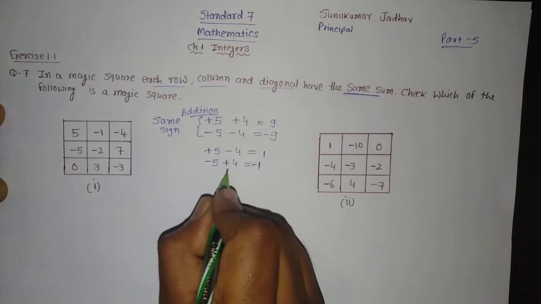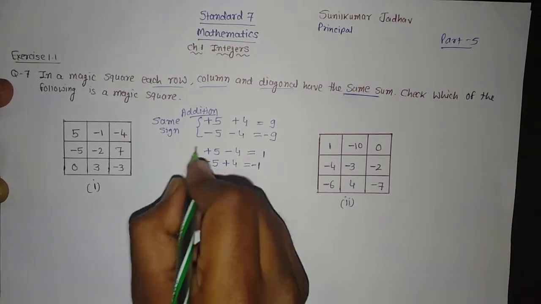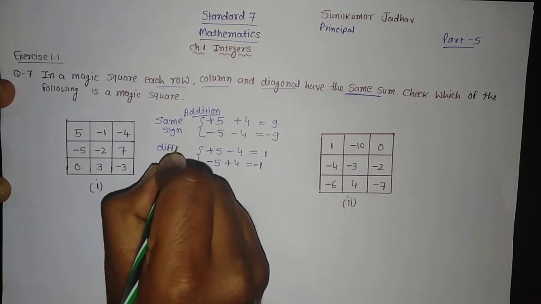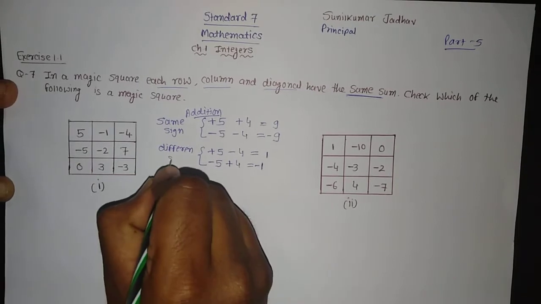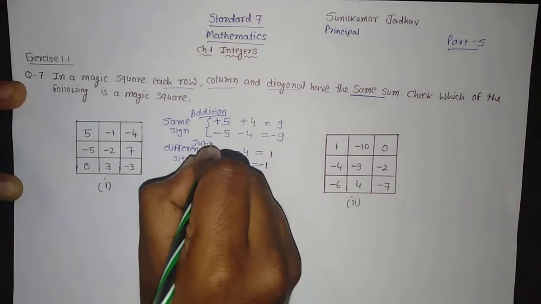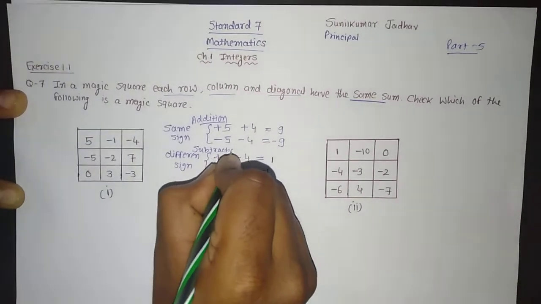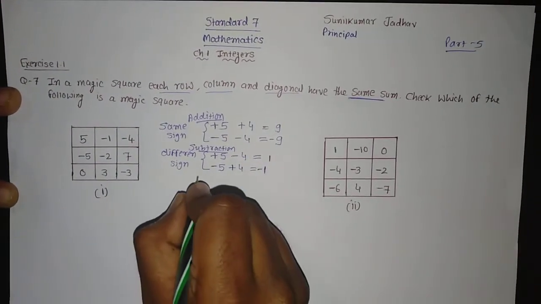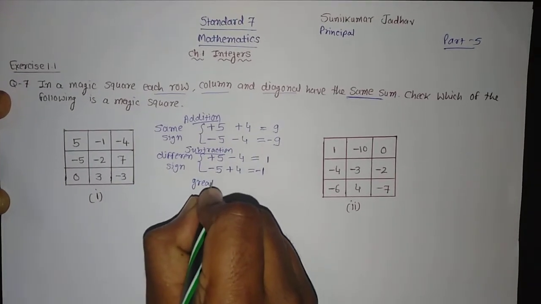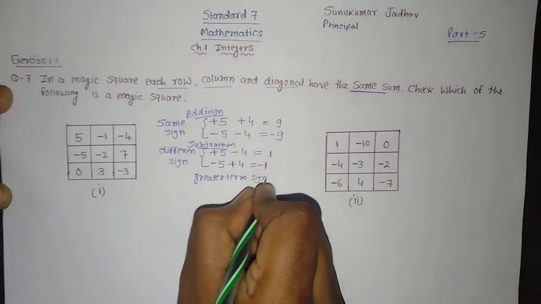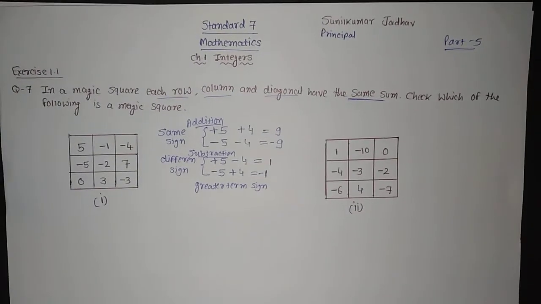So minus 5 plus 4 is equal to minus 1. So what we did here: with different signs, we have done subtraction, and after the subtraction, the sign of the greater term we need to allocate. I hope you understood this.